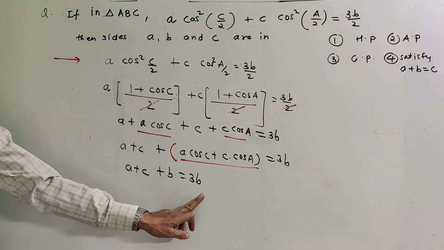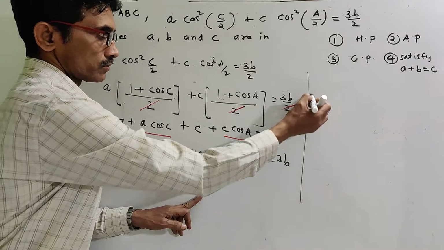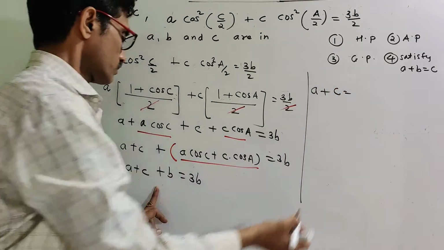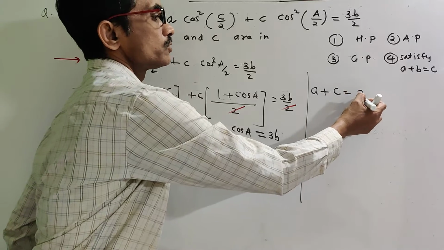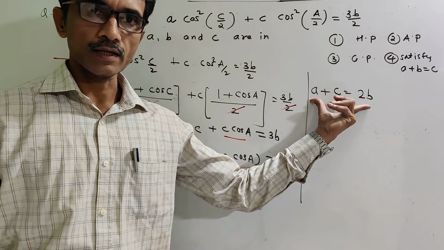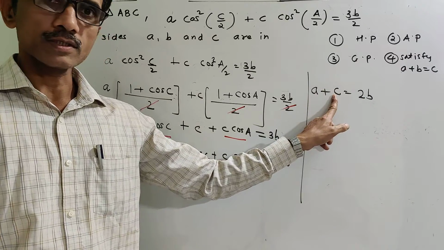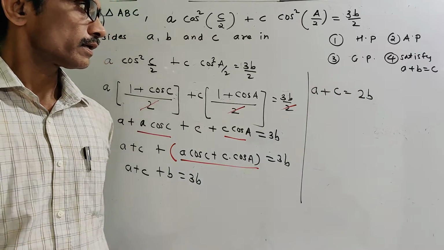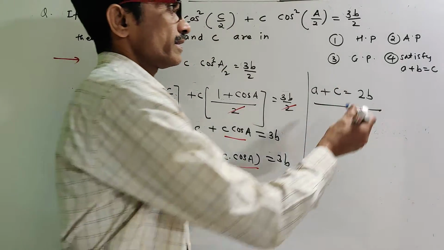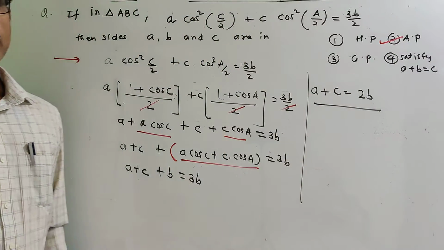Now taking b to the right hand side, a + c = 3b - b, which is 2b. So we infer that 2b = a + c, that means a, b, c are in AP. So our second option is the correct option.